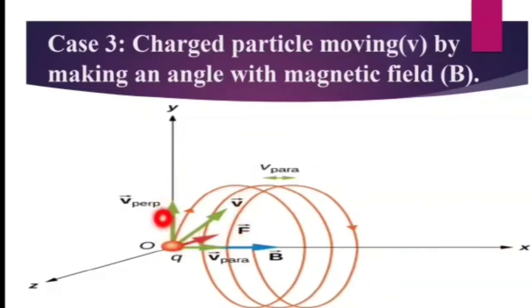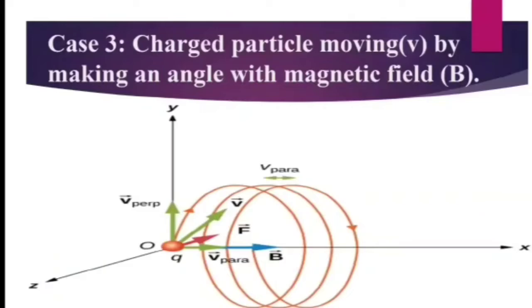So these two are combined here. Due to this combination, our particle follows a helical path. This is because of the perpendicular component of velocity as well as the parallel component of the velocity. So this is how a particle moves when it is making an angle with the magnetic field.